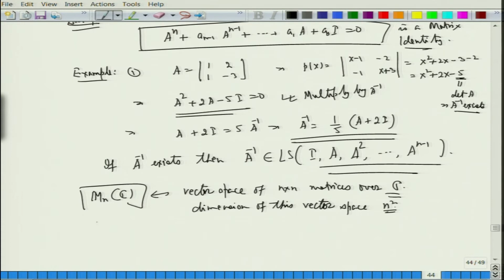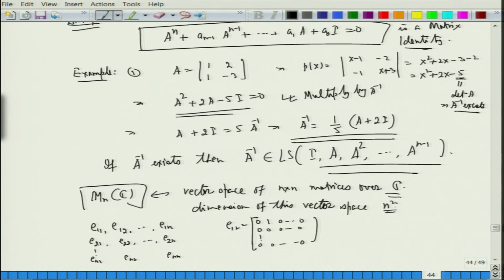Because its basis is going to look like E11, E12, up to E1n, E21, E22, up to E2n, and so on till En1, En2, up to Enn. And E12 is nothing but the matrix 0, 1, 0, 0, 0, 0, 0, 0, 0. This is the matrix E12. All right. So, recall that part. We have done it very early at some stage. Fine. So, this is the vector space.